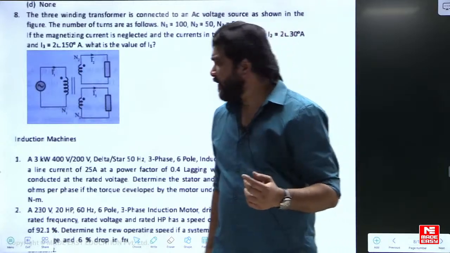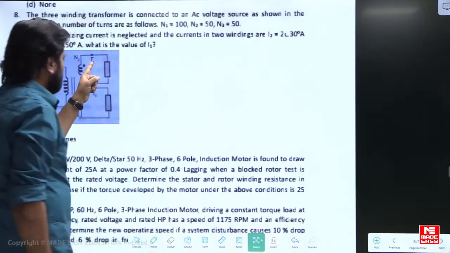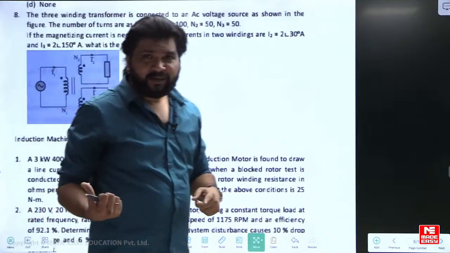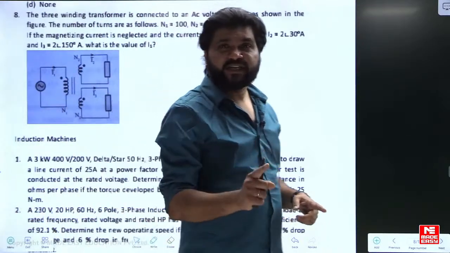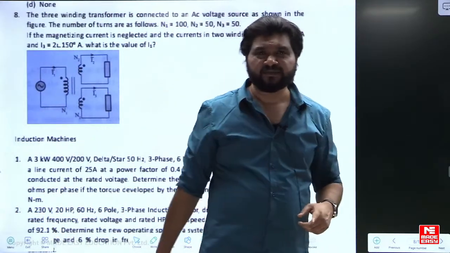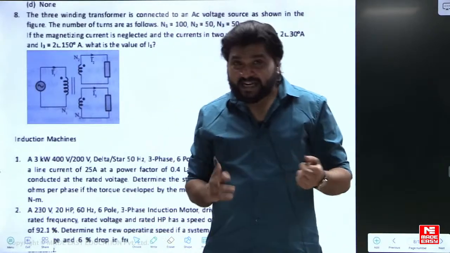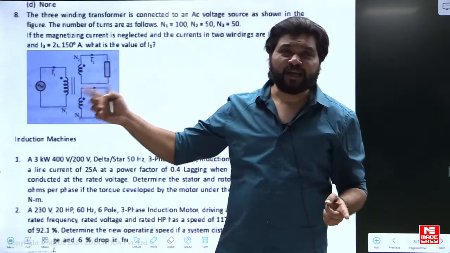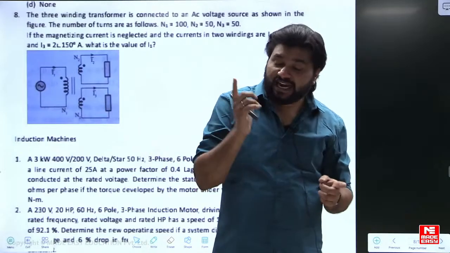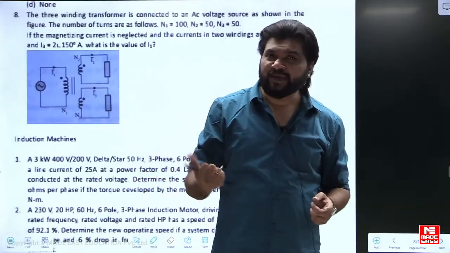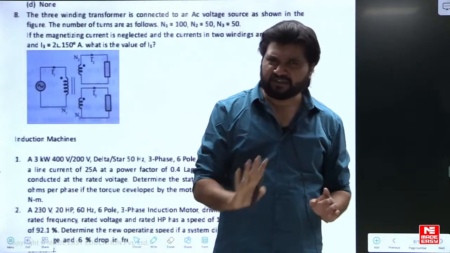For example, if there is I2 in the secondary, in the primary I2 by K. What is K? Primary by secondary turns. In a similar way, if there is I3 in the tertiary, in the primary its component will be there, that is I3 by K. What is K? Primary by tertiary turns. Simple.